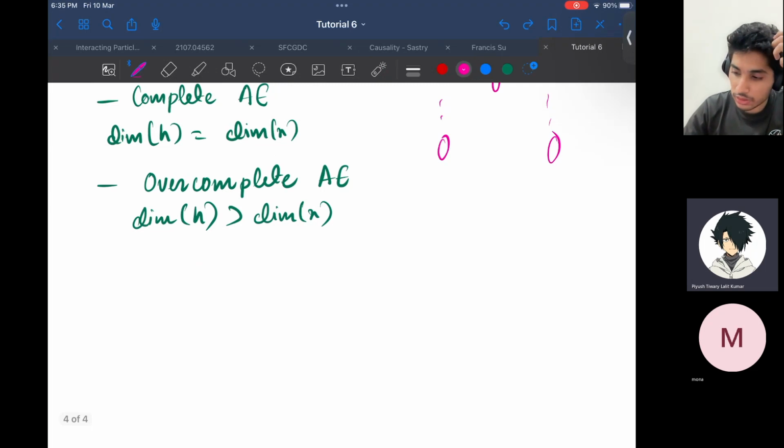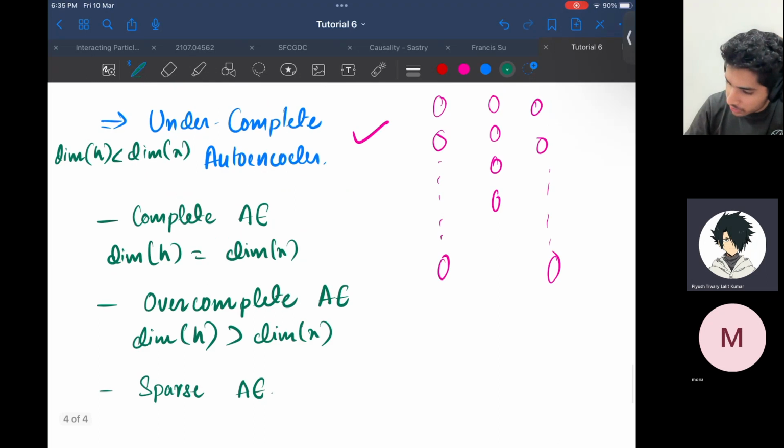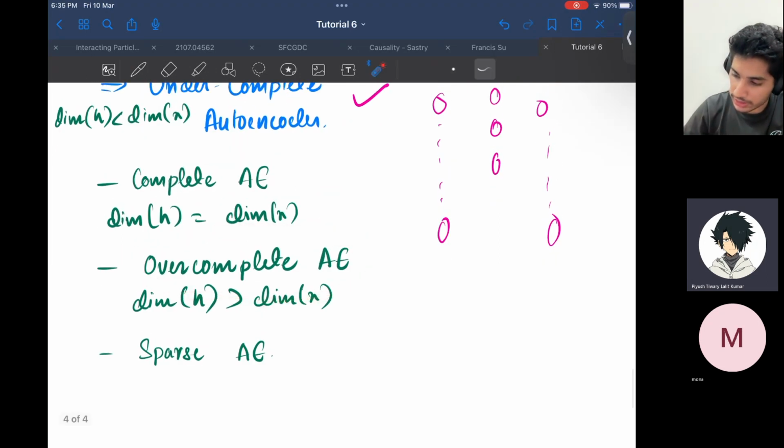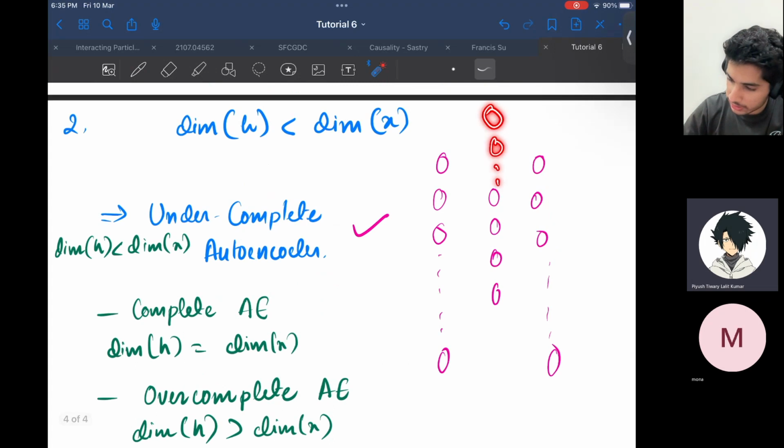Similarly, there is another option, which is the sparse autoencoder. A sparse autoencoder has a structure similar to that of an overcomplete autoencoder. Remember that the overcomplete autoencoder had a bigger intermediate layer and smaller input and output layers.